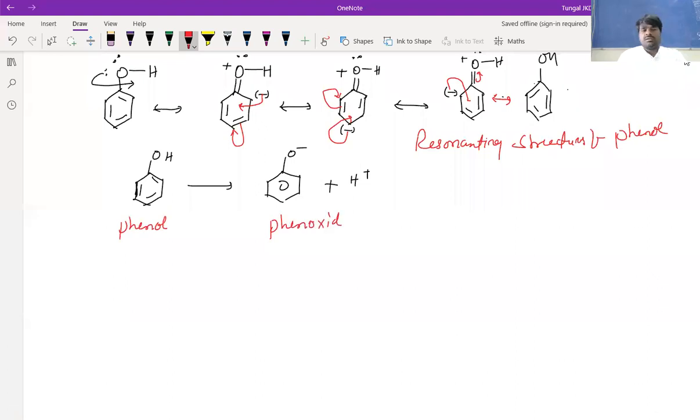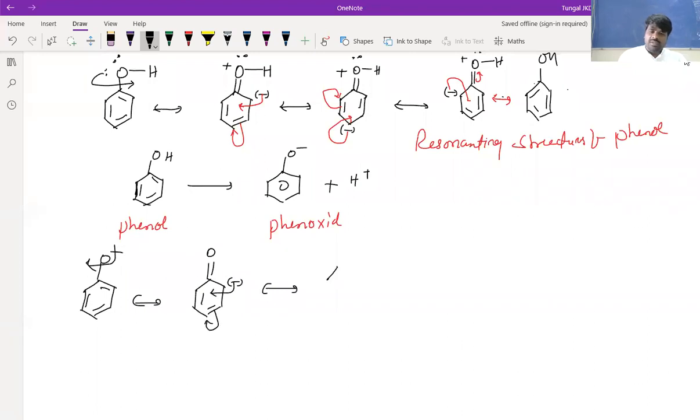This phenoxide, see what I'm saying, this oxygen is more electron deficient, and the phenoxide ion that is formed will also be stabilized by resonance. Because of the resonance stabilization, two aspects are very important. One is the resonance stabilization of the phenoxide ion. This will be stabilized by these resonating structures.